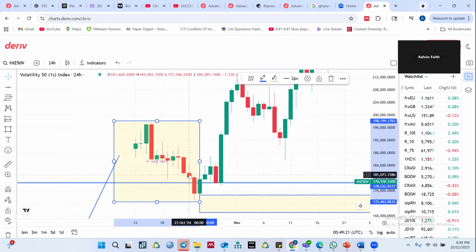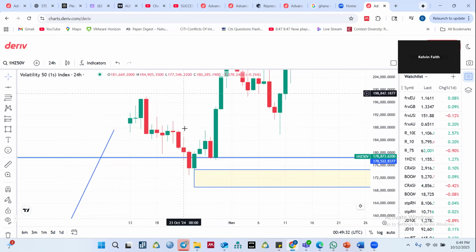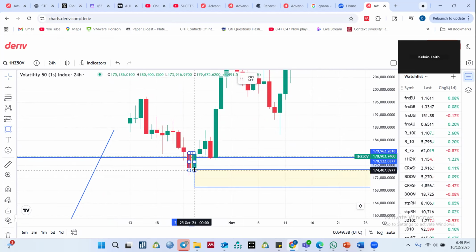Price gets to it, hits it, rejects, and then it gives us a bearish body daily candle close that goes below the blue line. The close below the blue line is communicating to us that sellers would like to take charge when the buyers become weak.